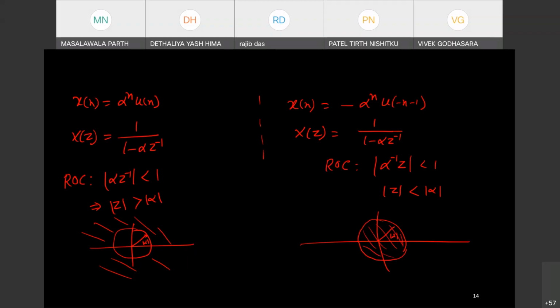Yes, sir. Two different sequences can give you same Z transform. I think same thing we discussed in Laplace transform as well. So if ROC is not specified, then you can't find out which one is the correct one. So along with this ROC, it is a complete one, and you can find corresponding sequence.